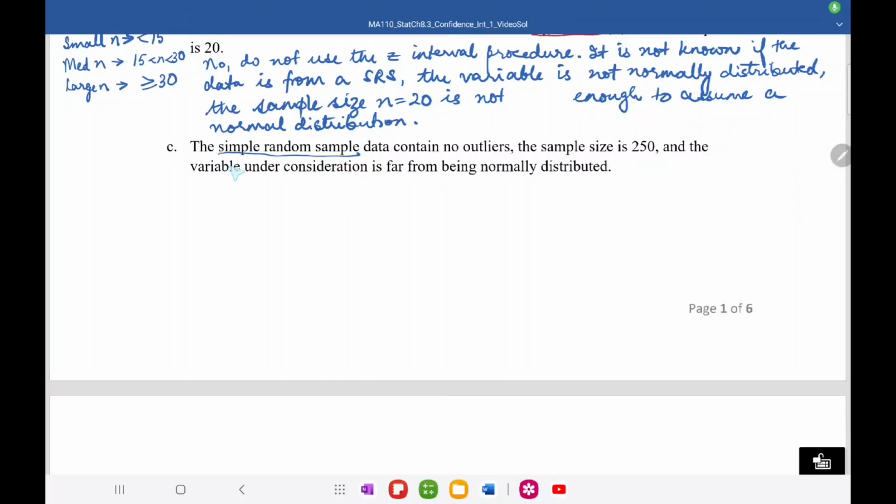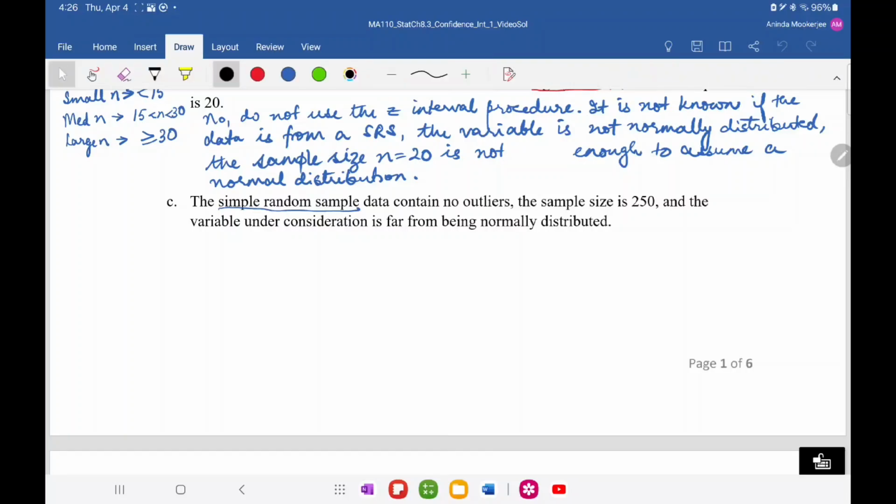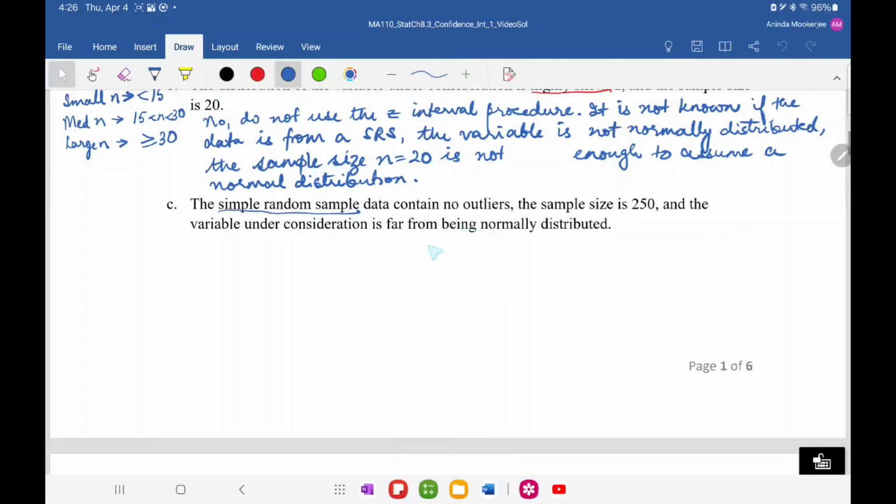Now let's look at part C, which says the simple random sample data contain no outliers, the sample size is 250, and the variable under consideration is far from being normally distributed. Far from being normally distributed would mean that it is not normally distributed, correct? However, there are no outliers and the sample size is 250.